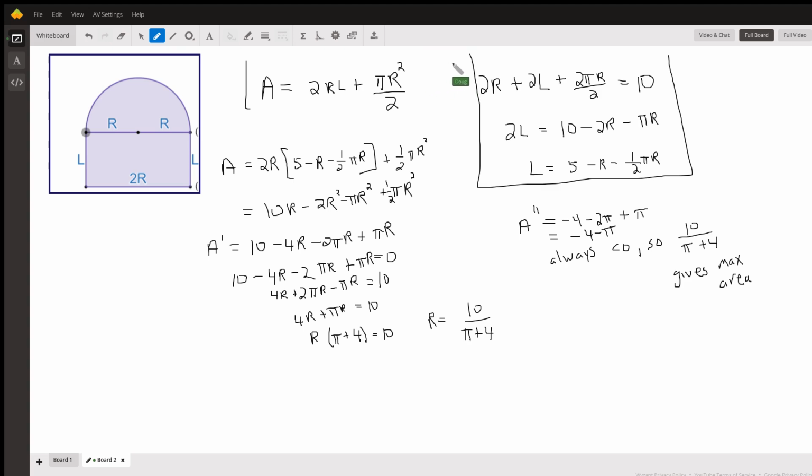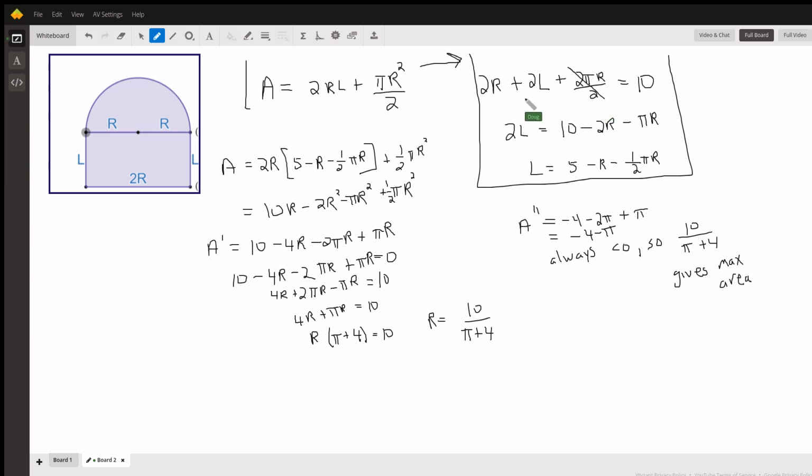And this constraint right here allows us to solve for L in terms of R. In other words, the perimeter is 2 R's for the length of this rectangle, plus 2 L's, plus the circumference of the semicircle. And the circumference of an entire circle would be 2 pi r, but we have to divide by 2.